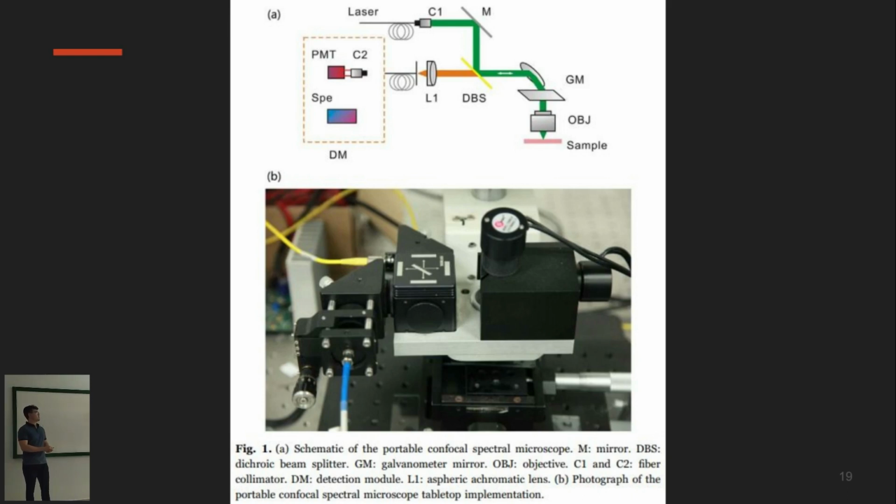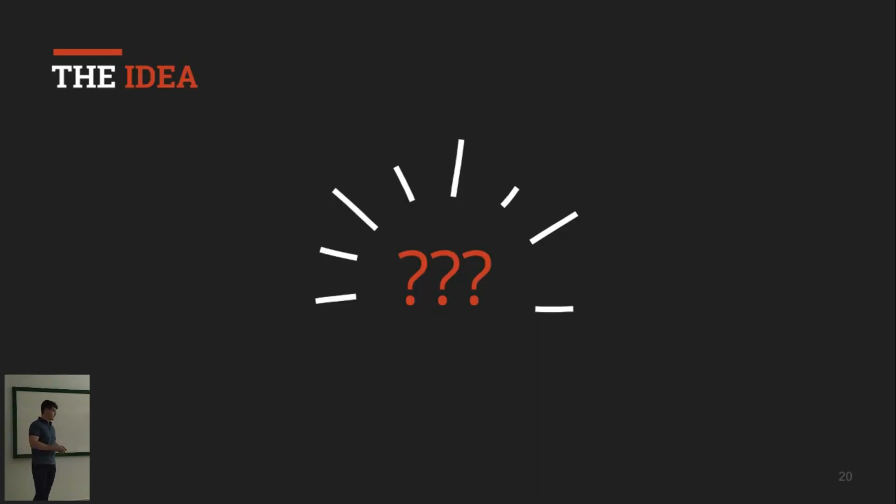So I put this here just to show the path, that it's possible to do a portable microscope lighter than this one here. Okay, perfect. This is one solution: hardware to use a portable microscope directly by the police at the crime scene. This is one solution.